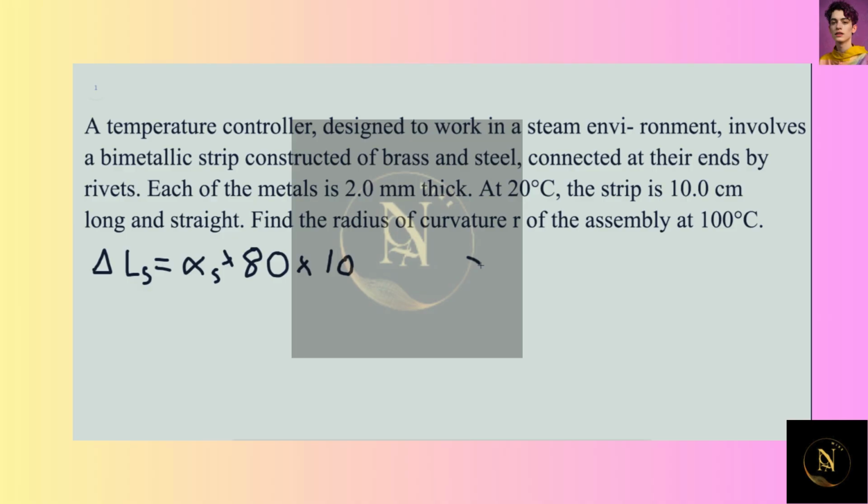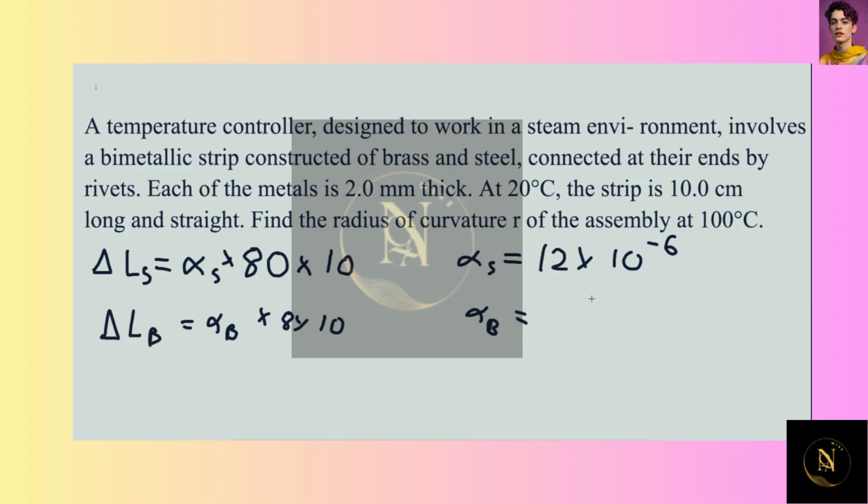We know that alpha S, the coefficient for steel, is equal to 12 times 10 to the minus 6. Similarly, for brass, delta L B is equal to alpha B, the coefficient of expansion for brass, times 80 times 10. We say that our coefficient for brass is equal to 19 times 10 to the minus 6.